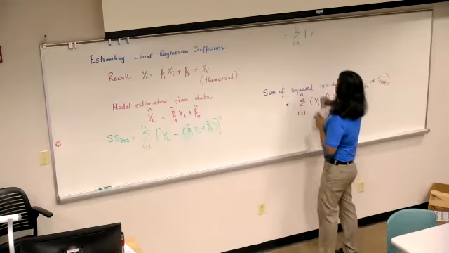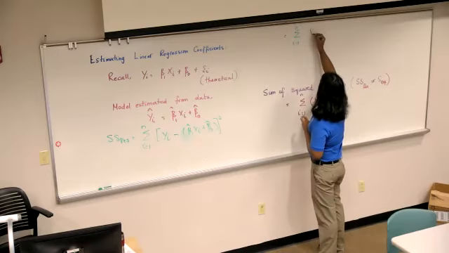I'm going to expand that and write it as Yi squared.